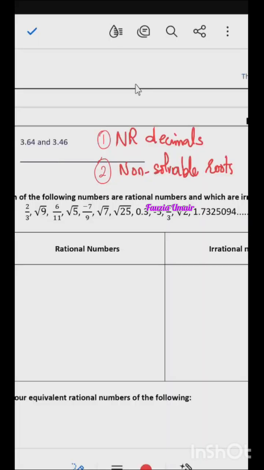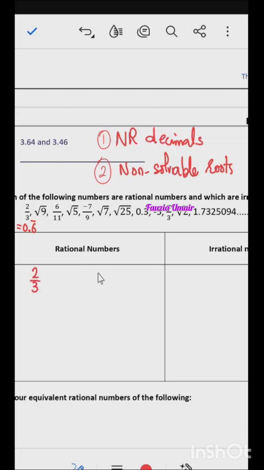Hashim? Yes. 2 by 3 is 0.6 with the bar. So it's a recurring decimal. Is it rational or irrational? Rational. It's a rational decimal.